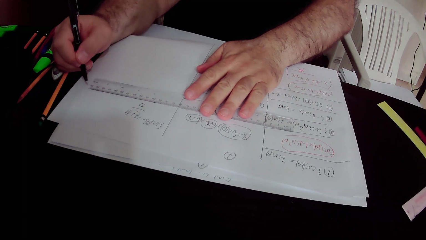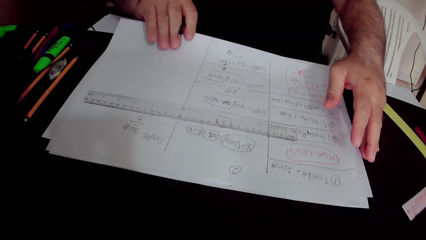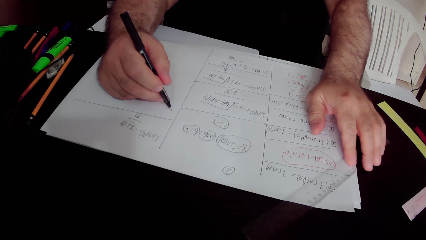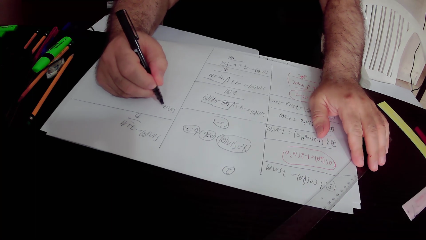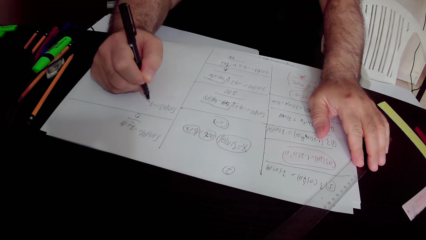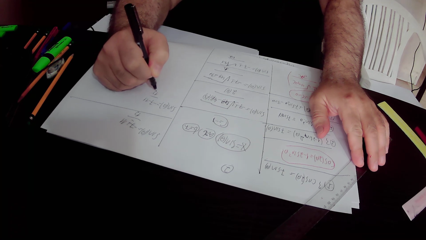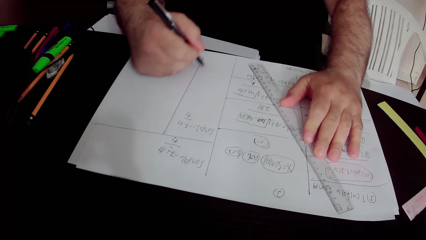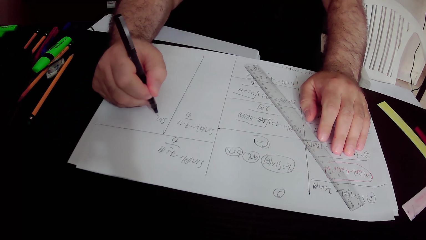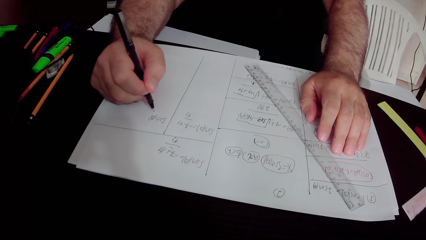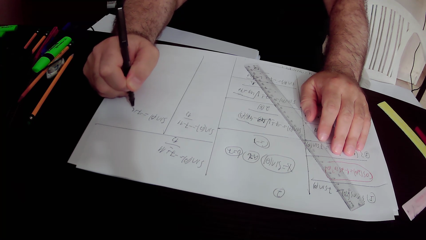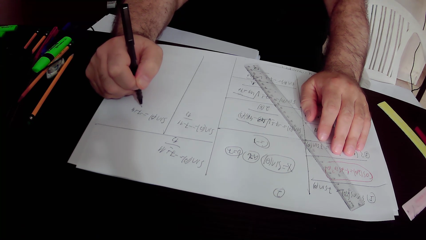The first solution for sine theta is that sine theta equals minus 7 minus 11 over 12, and the second solution is that sine theta equals minus 7 plus 11 over 12.